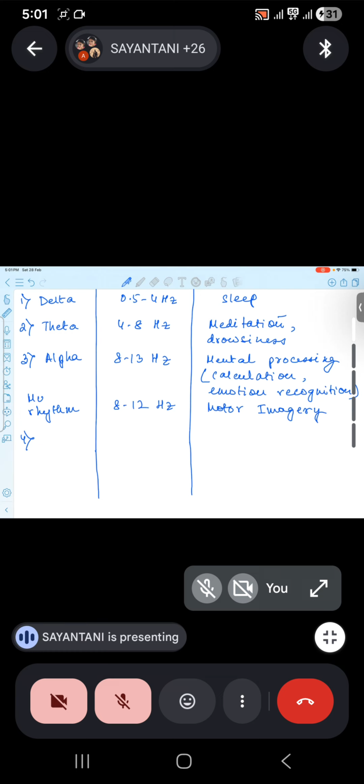You are just imagining that you are moving your left arm upwards. You are not physically moving it. You are just imagining you are moving your left hand towards a particular direction, say upwards. So during that imagination of a motor movement, I can have a mu rhythm, that is an activation in the range 8 to 12 Hertz.